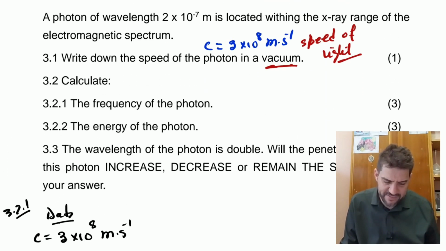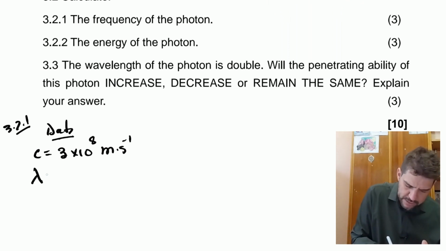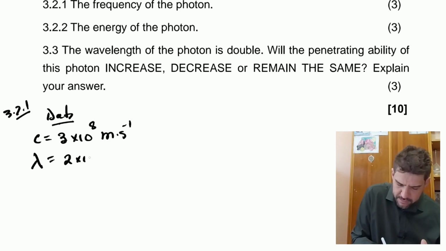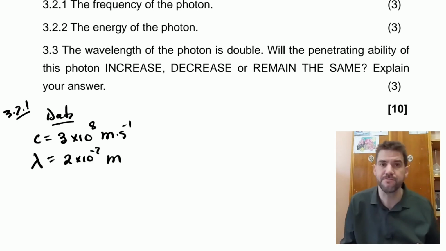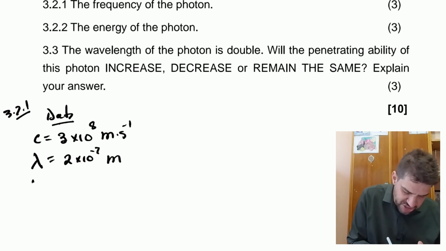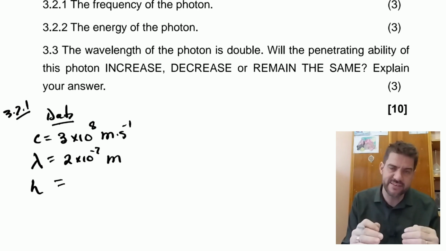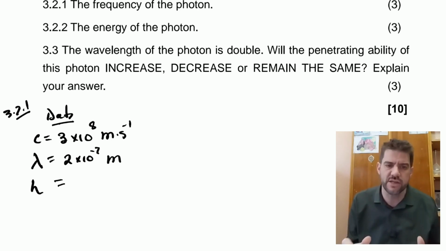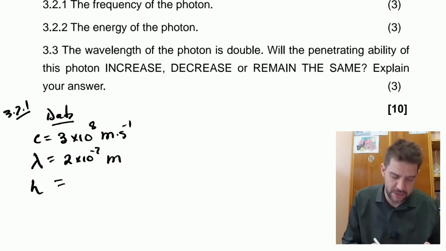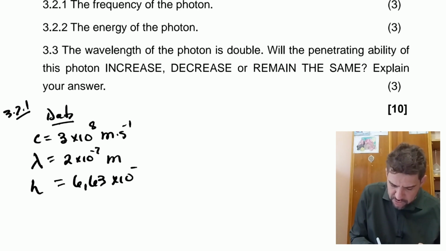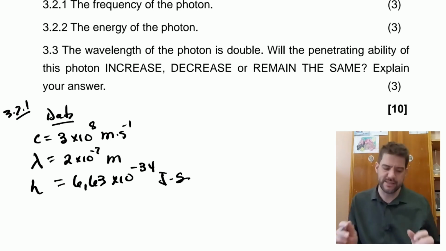What else? We have the wavelength, which is equal to 2 times 10 to the minus 7 meters. We also have h. Now, h is a constant given to you at the end of the exam where you get the formulas. It is the Planck constant, equal to 6.63 times 10 to the minus 34 joule seconds.